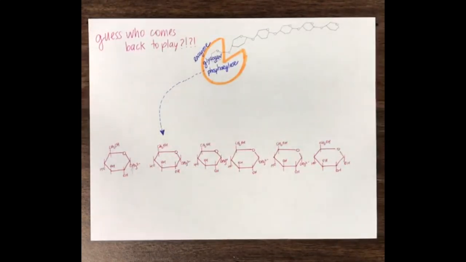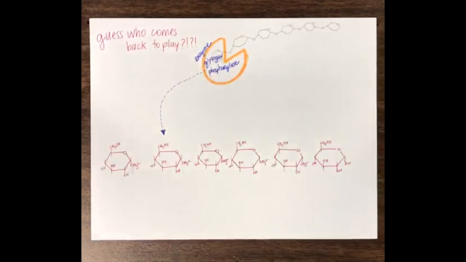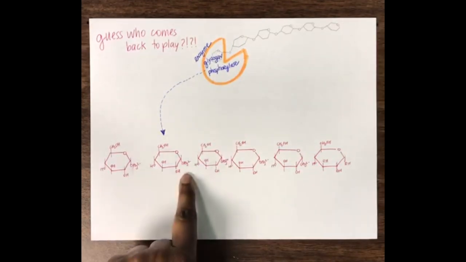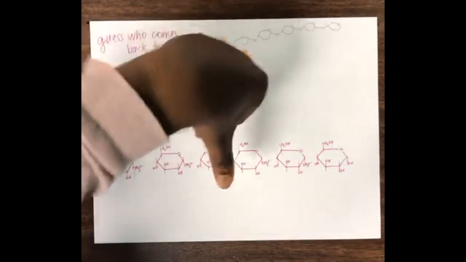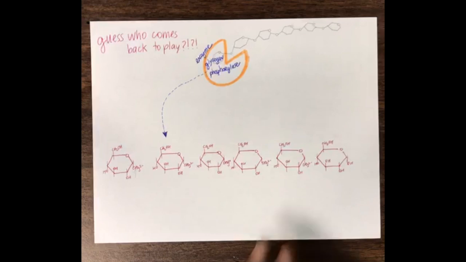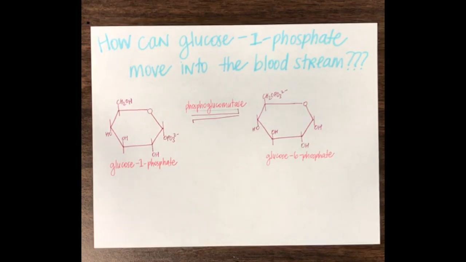Now that there is only 1 remaining chain of unbranched glucoses, they are removed one by one by the enzyme GPL, which also adds a phosphate to each glucose so that it becomes glucose 1-phosphate. This form of glucose cannot be transported out of the cell, so the phosphate must be removed. So, how can glucose 1-phosphate move into the bloodstream?